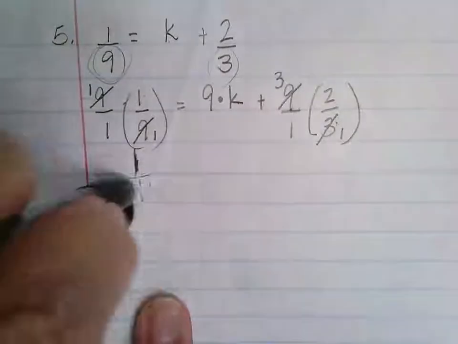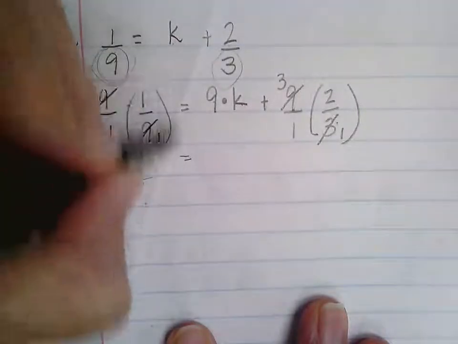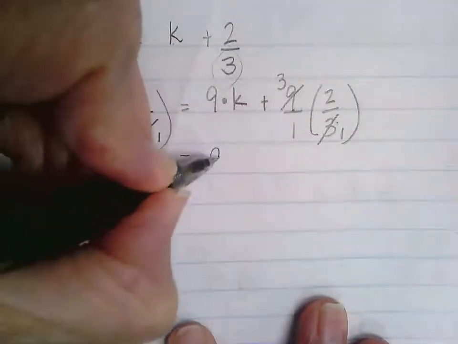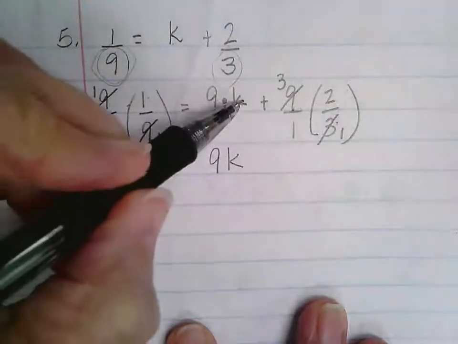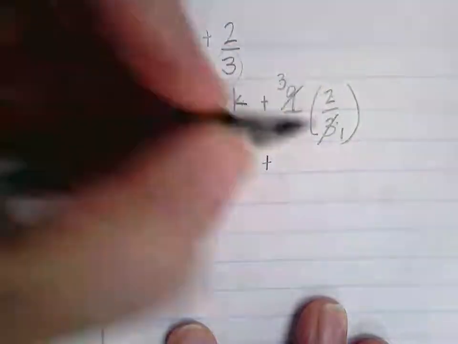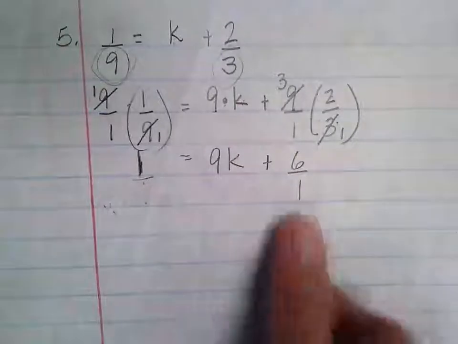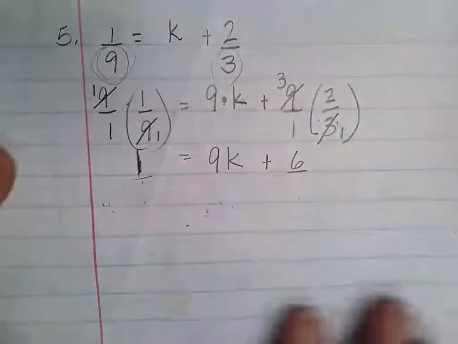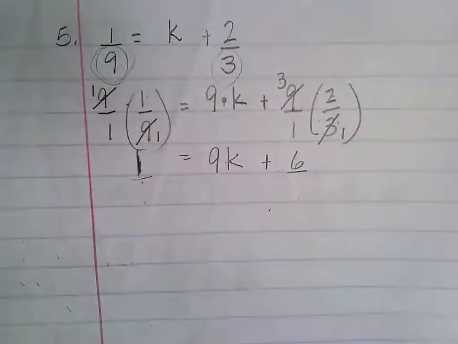So I'm just going to write this quantity as 1 is equal to 9k, plus 3 times 2 is 6, over 1 times 1 is 1, which is the same as 1. So now my equation is 1 is equal to 9k plus 6.